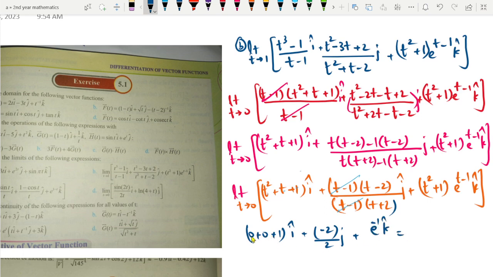So this will become i minus j plus 1 over e k. So this is our answer.